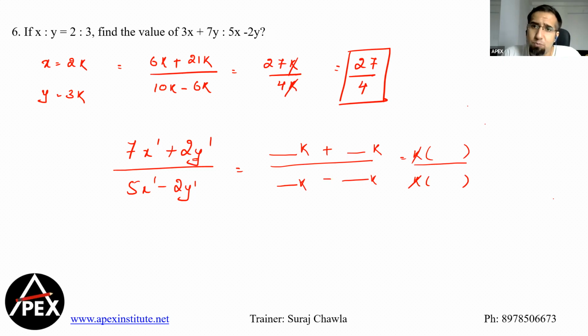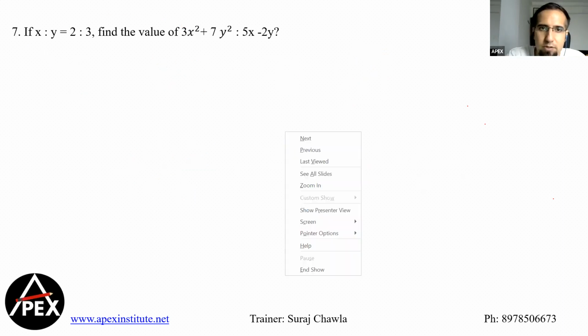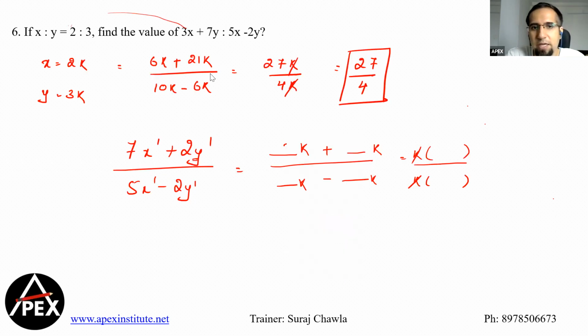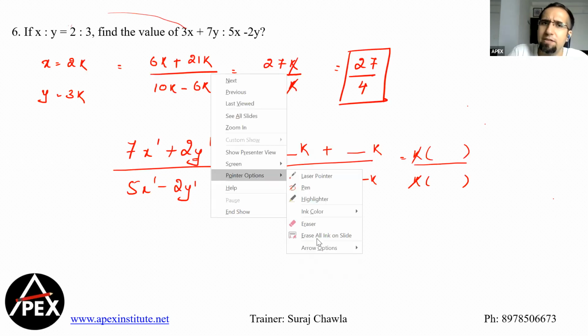Clear, guys? Which clearly means that if the value of k is getting cancelled, you can replace x is equal to 2 and y is equal to 3.